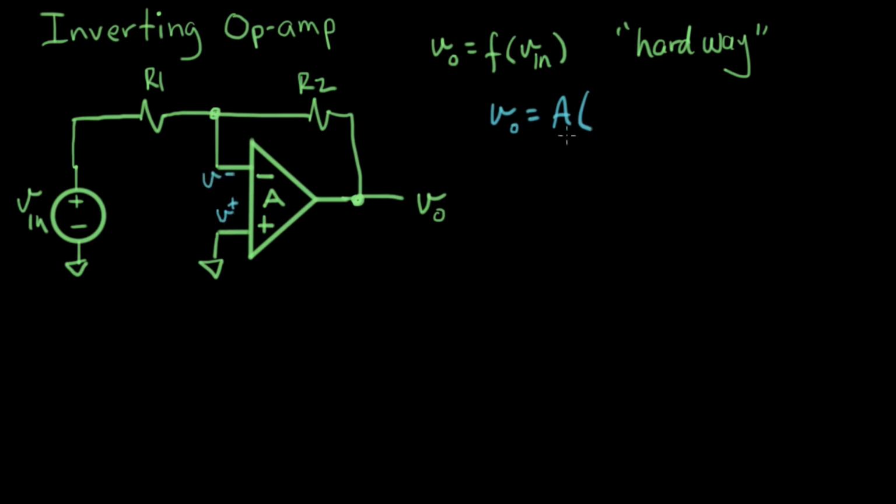Usually the expression here is V plus minus V minus. And since V plus is 0, we're just going to put in minus V minus. And this is equivalent to saying that V minus equals minus V out over A.